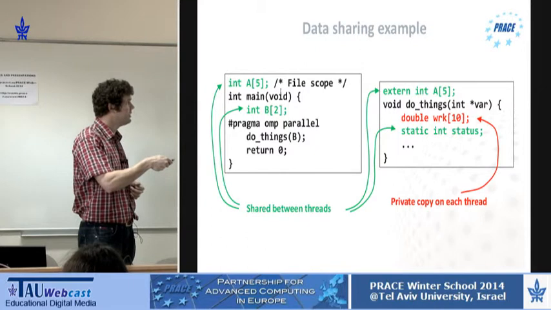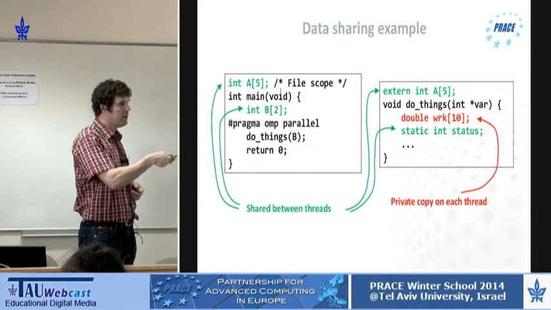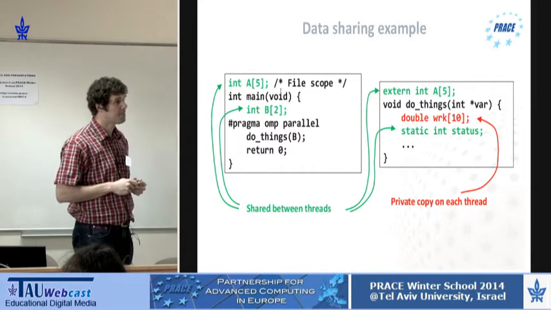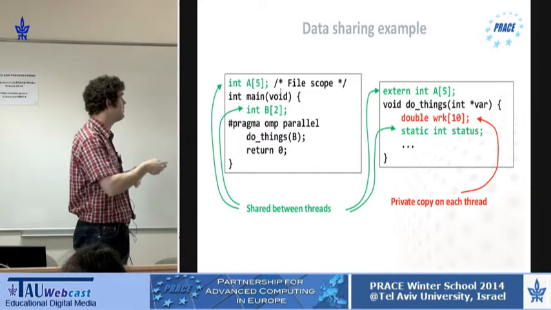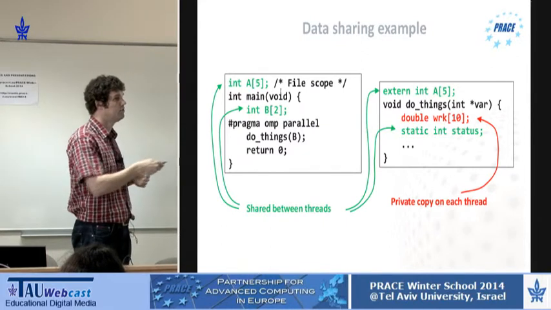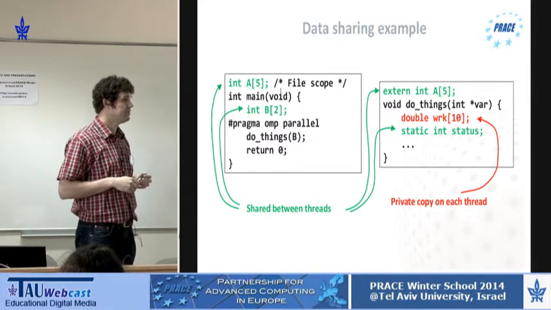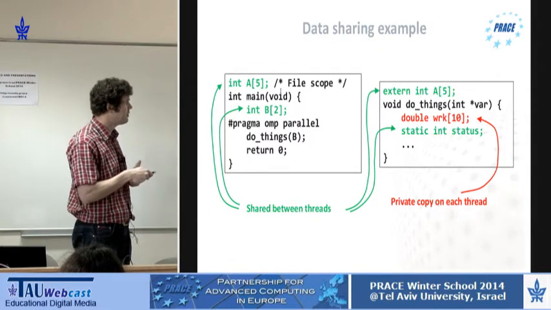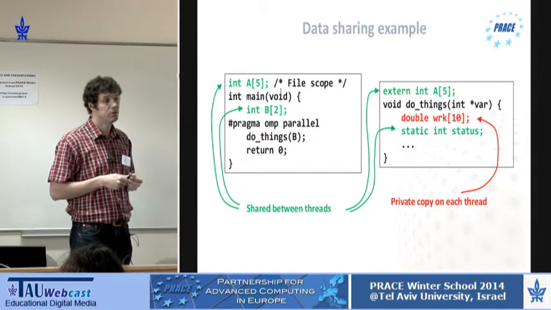When we enter the function, this gets allocated from the stack, and when the function ends, it will vanish. And the same happens here, it's just that it's also private to each thread, so modifications that one thread does to this array are not visible to others.